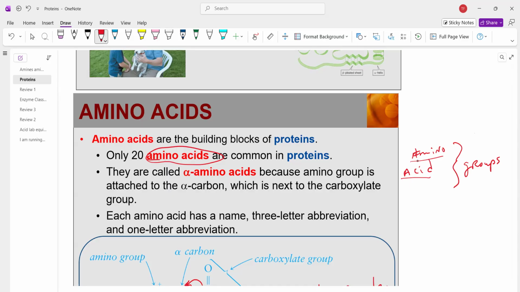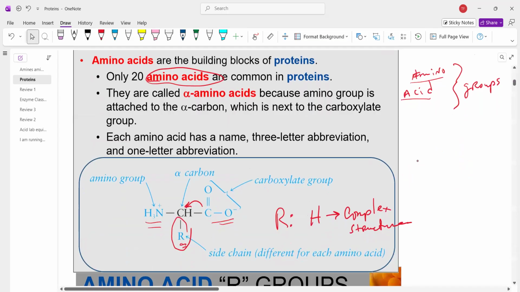Now, alpha amino acids have only one carbon between the amine and the acidic part, one carbon. And that's where the amino acids differ, in the side chains. And the side chains go from a plain old hydrogen like glycine to some very complex structures.